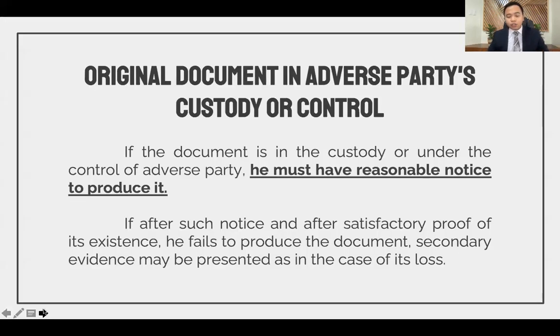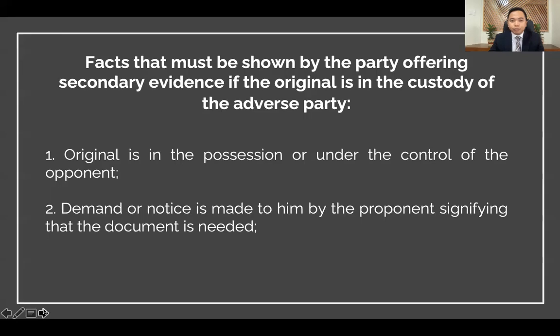Now, when the original document is in the control and possession of the opposing party, then the party who seeks to introduce that document may give notice to the opposing party to produce the document. If after such notice and after satisfactory proof of its existence, the opposing party fails to produce the document, then secondary evidence may be presented as in the case of its loss.